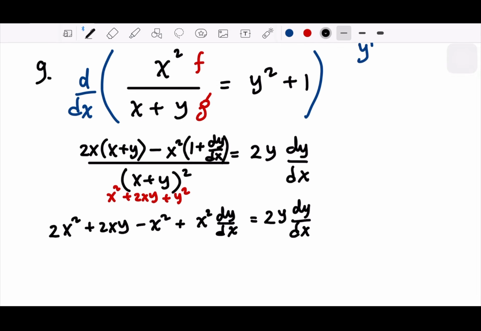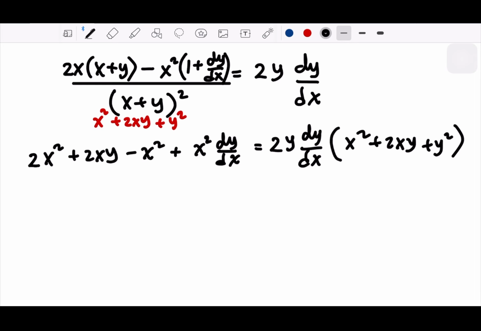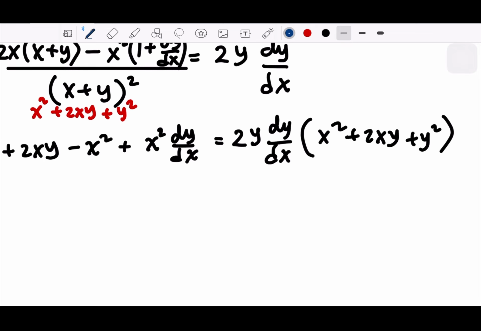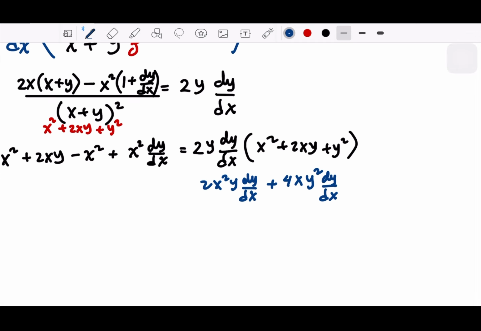Maybe write this first, x squared plus 2xy plus y squared, and let me write 2y, or maybe x squared y dy dx plus 4xy squared dy over dx plus 2y cubed dy over dx.